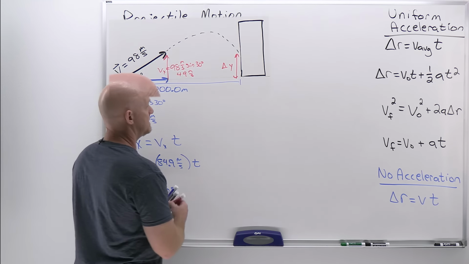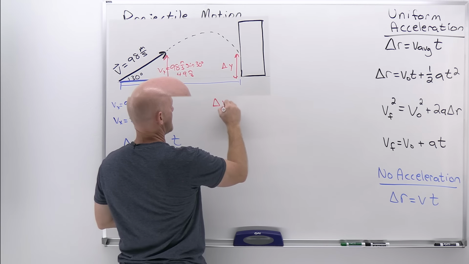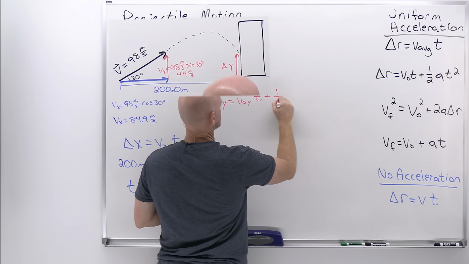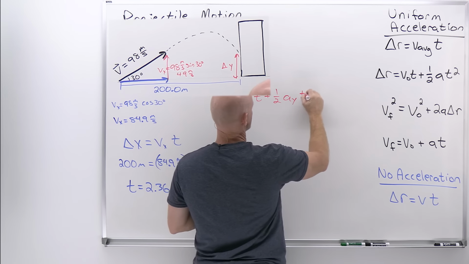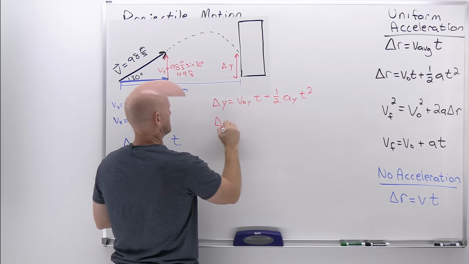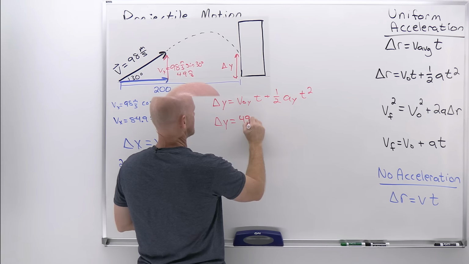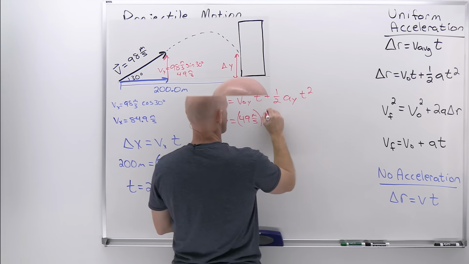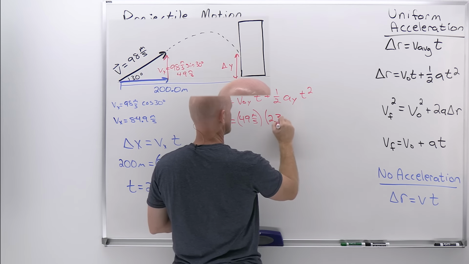All right, so we got delta y equals the initial y component times time plus 1/2 acceleration in the y direction times time squared. Initial y velocity was 49 meters per second. Time 2.36 seconds.